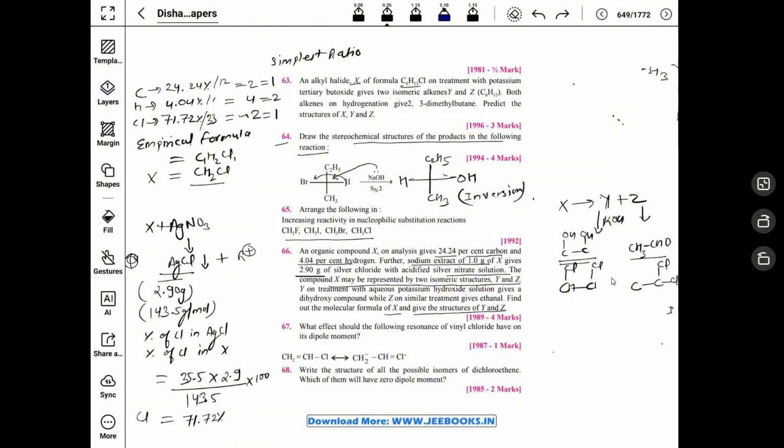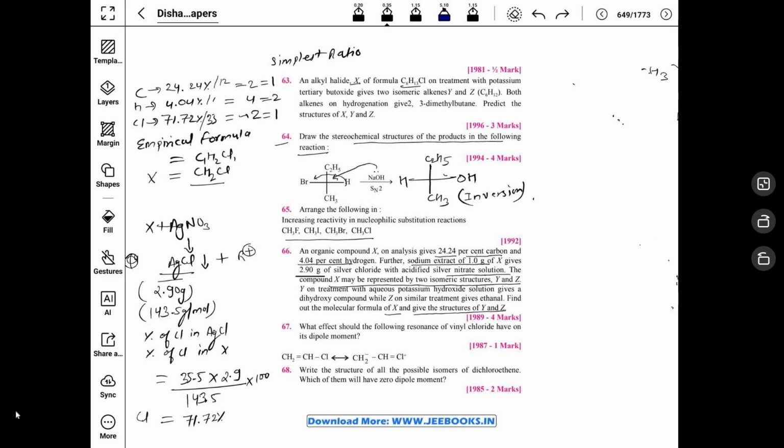This is CH2Cl CH2Cl, and this is CH3CHCl2. Therefore we can clearly say that this is the structure of Y, and this is the structure of Z, and hence the molecular formula of X will be C2H4Cl2.